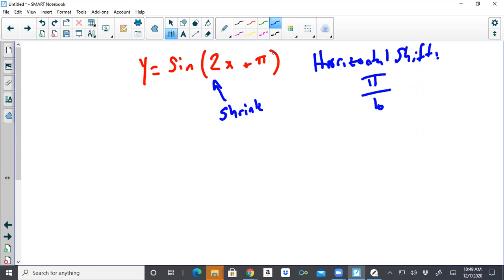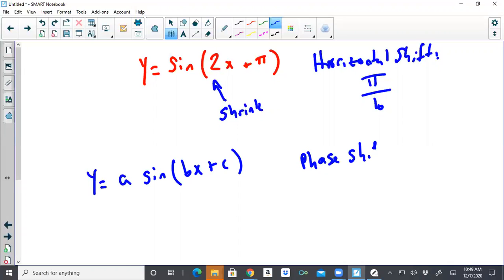If we have a function that could be a times sine of bx plus c, the way I would figure out my phase shift would just be c over b. So all of the important information: amplitude would be the absolute value of a, period would be 2 pi over your b value, and your phase shift is c over b. Okay, so that's what that looks like.